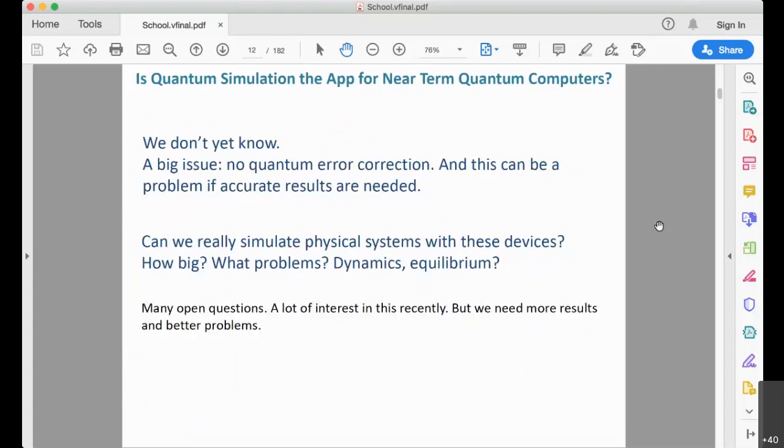Any advance could be very useful. There is a lot of interest in this recently, but in my opinion, we need more results and even better problems. I think that for many of the problems people are looking at, the bar is too high, and we probably will have to lower the bar in order to do something still interesting, okay?